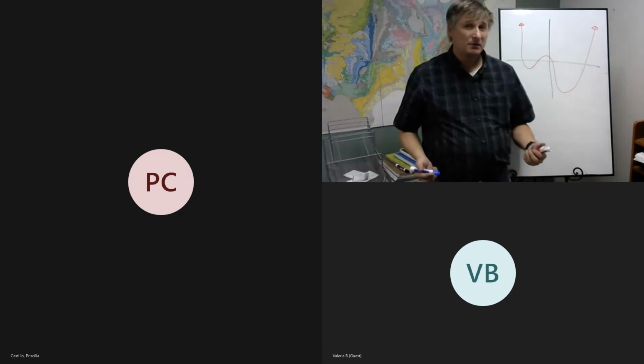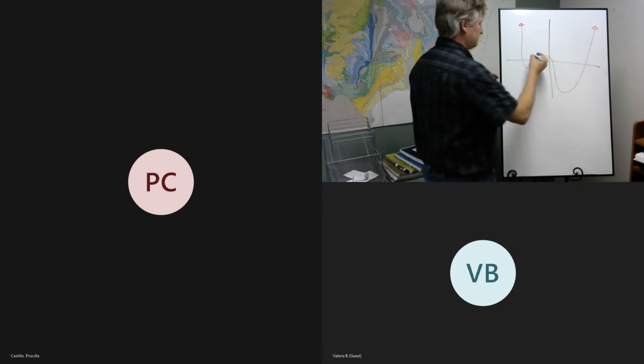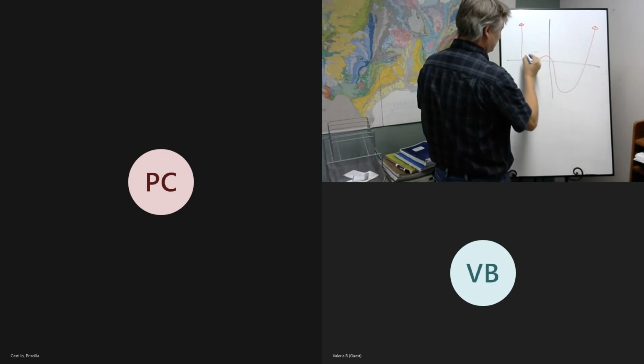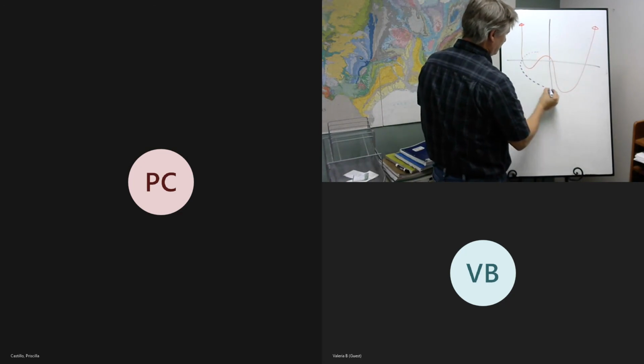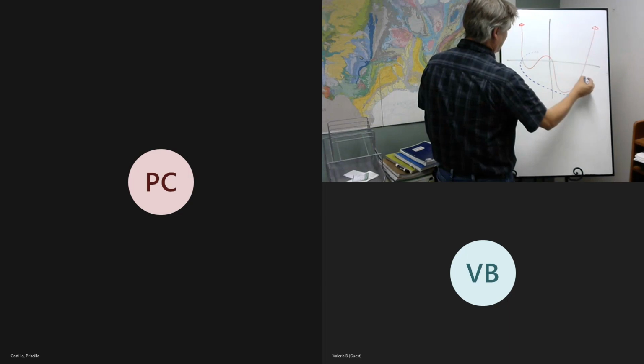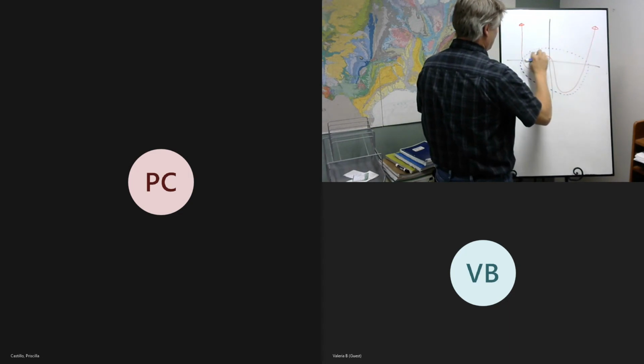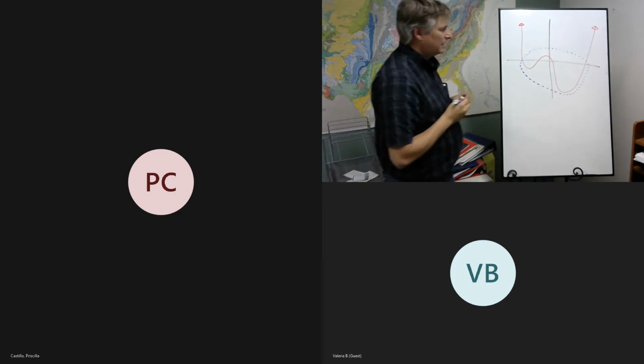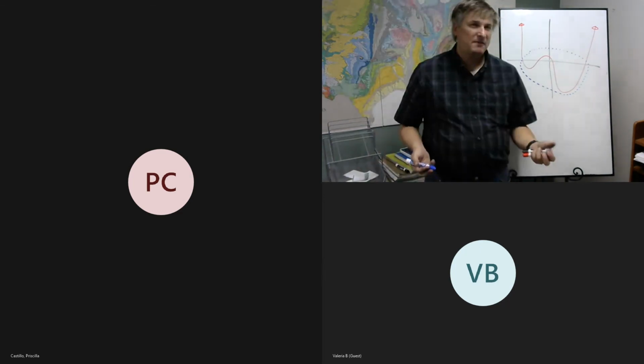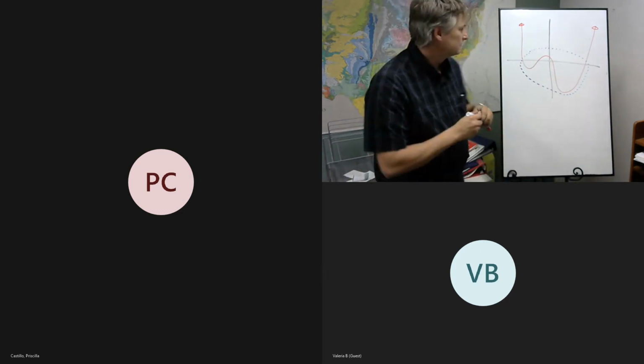So if we look in the middle of the graph, in the middle, the behavior is up and down.